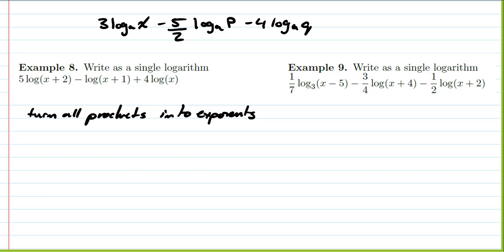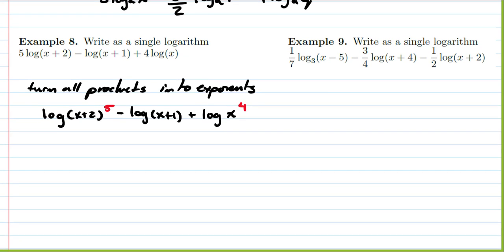So we're going to have our logarithm of x plus 2 to the 5th minus our logarithm of x plus 1 plus our logarithm of x, and that product turns into an exponent.